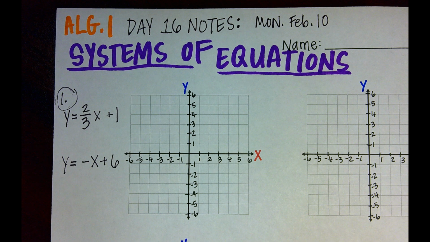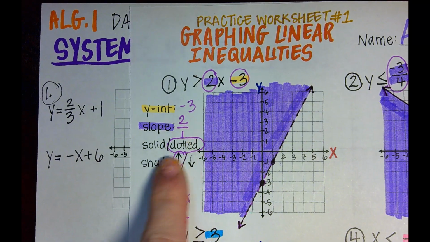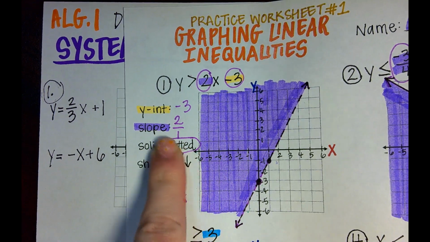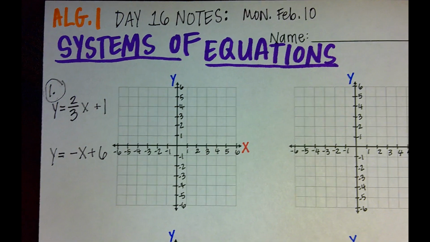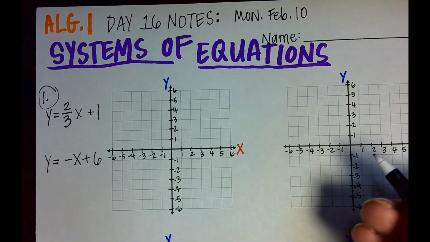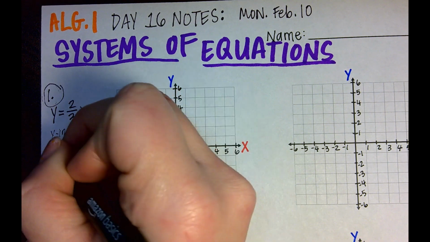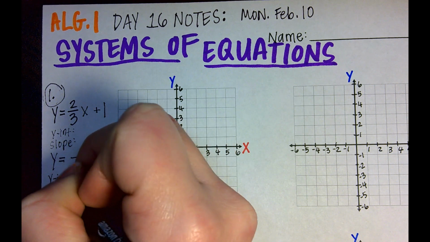If you look back at our do now, I wrote out a couple of steps: a y-intercept, a slope, and then the solid dotted shading. We don't need the solid or dotted, and we don't need the shading, but we do need the y-intercept and the slope. So if that helps, maybe you can list it just under it.